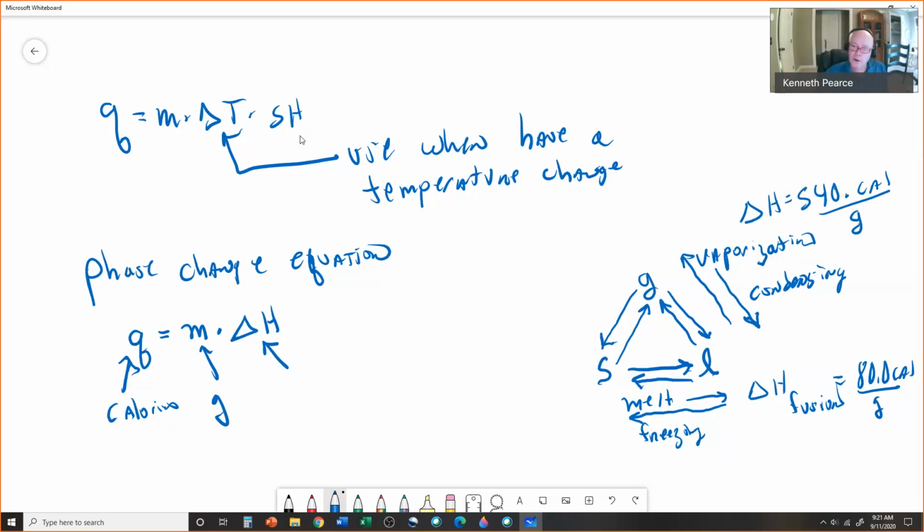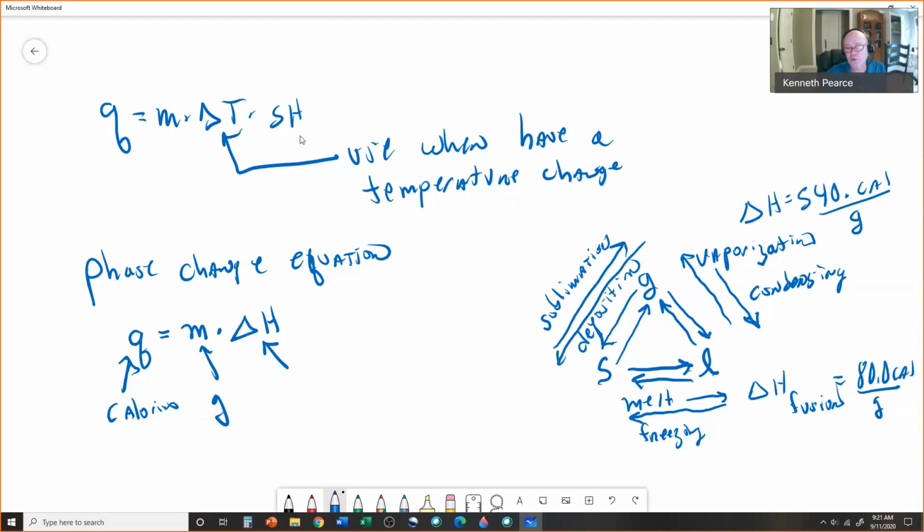And going directly from solid to gas, we call that sublimation. And going directly from gas to solid, we call that deposition.